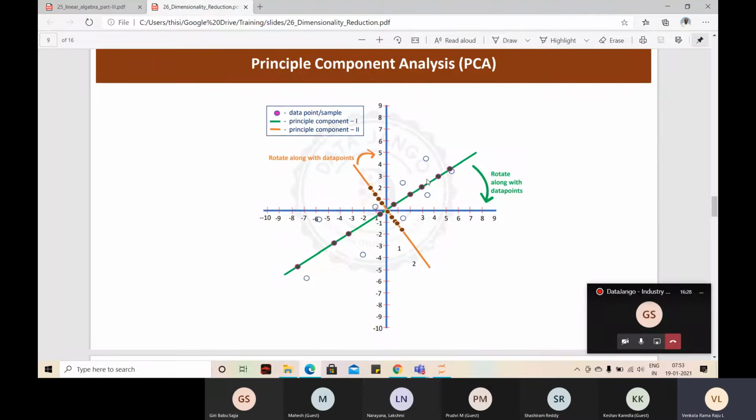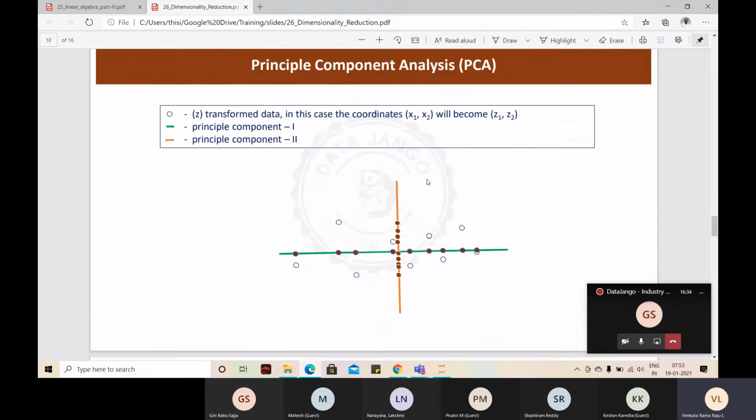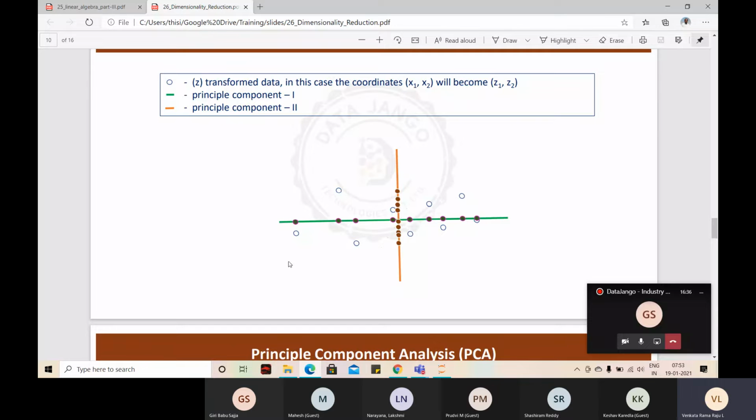Okay, so as a layman, that's what is happening. It is trying to crush the data and then rotate it. So ultimately the total data becomes like this. These dots are the ultimate converted data. The orange line and the green line are the eigenvectors.